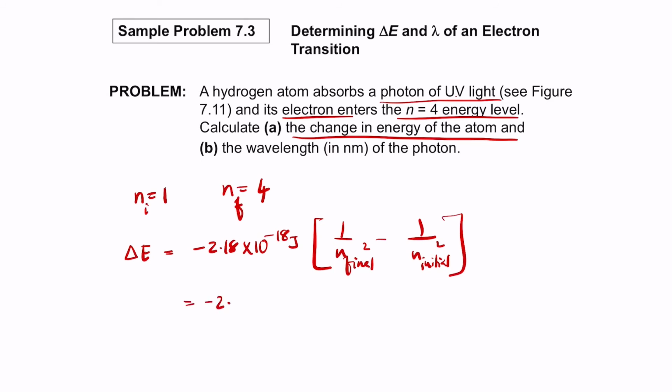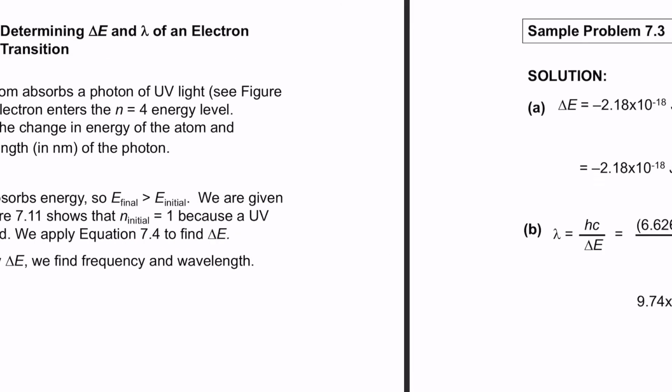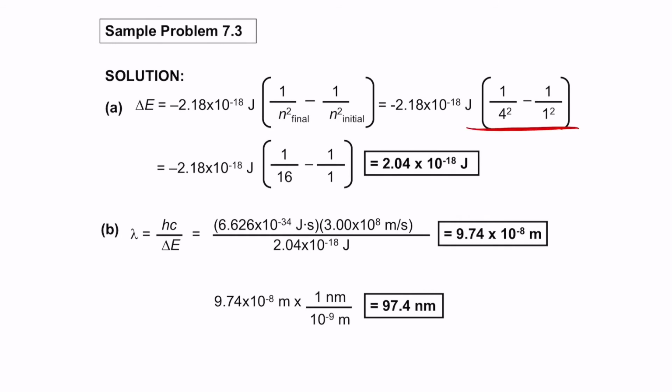So we have minus 2.18 into 10 to the power negative 18 joule times 1 by 4 square minus 1 by 1 square. When you calculate the value, you should get 2.04 times 10 to the power negative 18 joule. So this is the amount of energy.